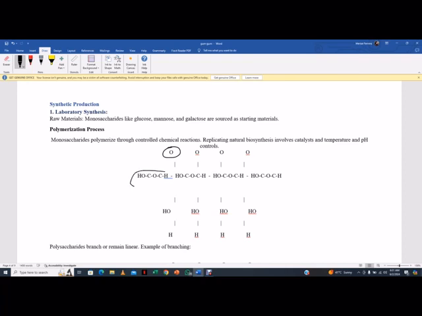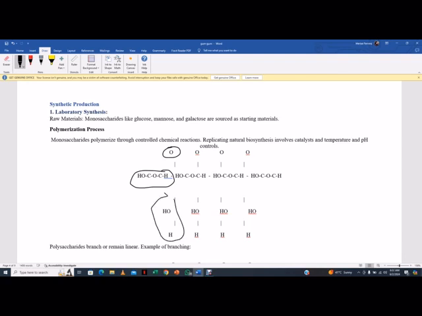This part represents the glycosidic bond between the monosaccharide units. It is formed when a hydroxyl group of one monosaccharide molecule reacts with the hydroxyl group of another monosaccharide, resulting in the release of a water molecule. This linkage connects the monosaccharide units and forms a polysaccharide chain.